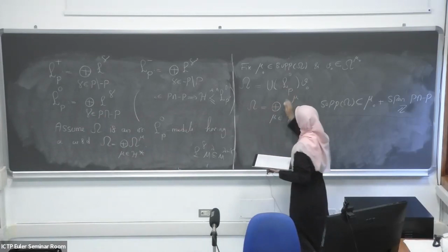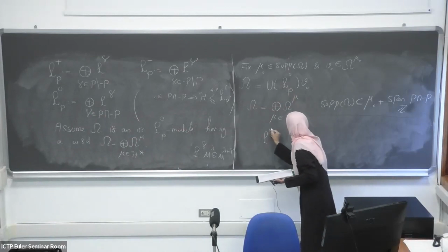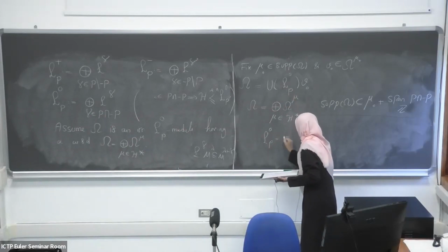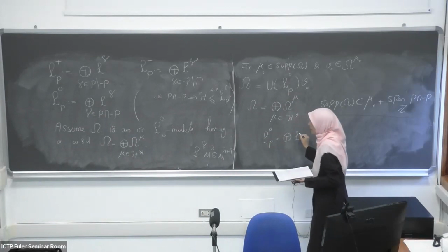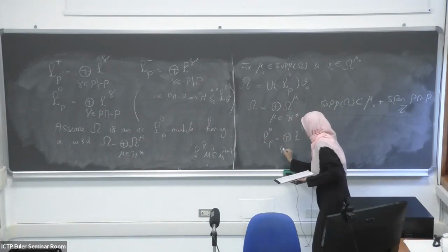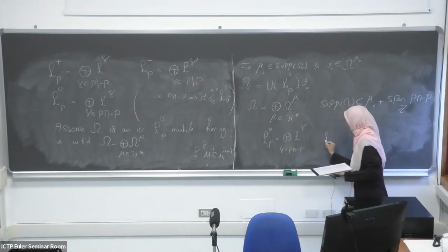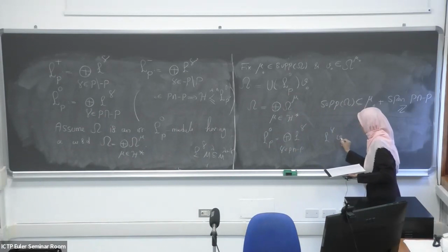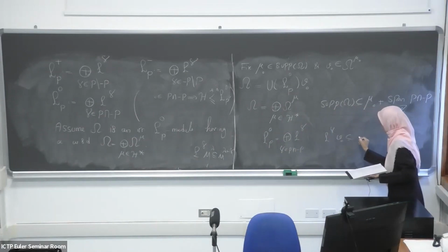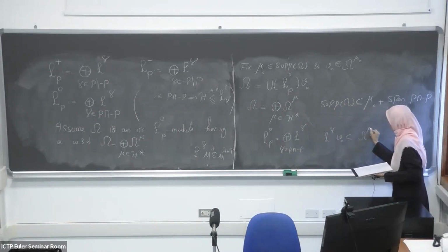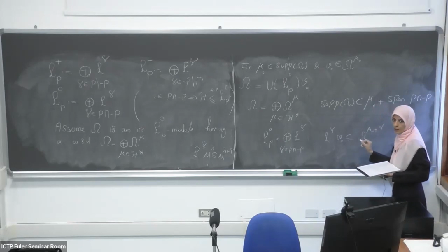Look at this. L null P is the direct sum of L_γ, where γ is an element of P intersection minus P. And L_γ V0 is a subset of Ω_{μ0+γ}. Right?